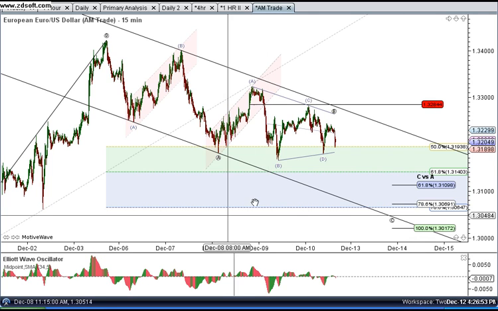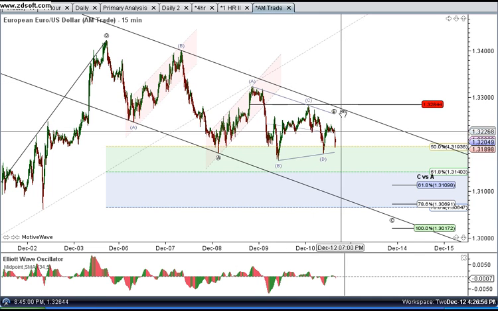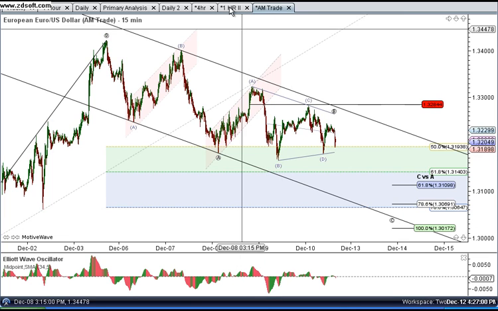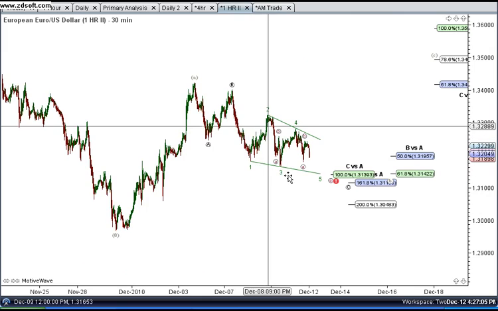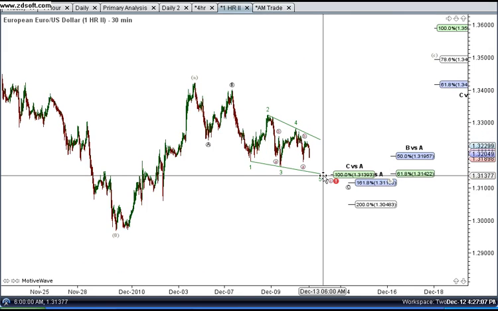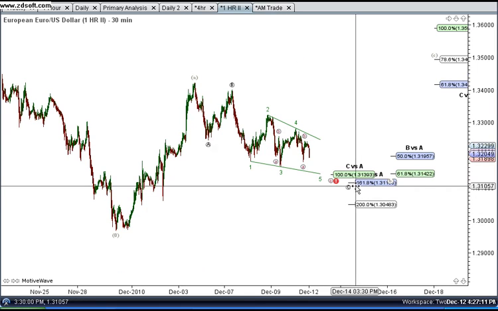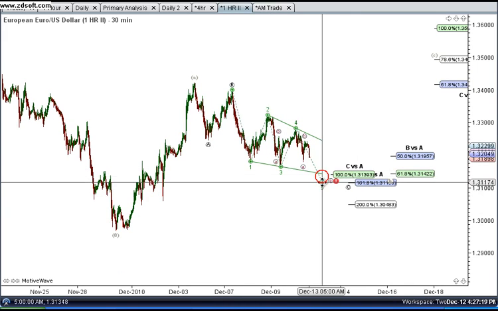Okay, I had to step away there quick. So again, A, B, C, D, E for B, looking for a possible 3017 on this count, or maybe this is an ending diagonal for wave C of this ABC here. That might end, it won't get down to the 161.8, otherwise 3 would probably be the shortest.